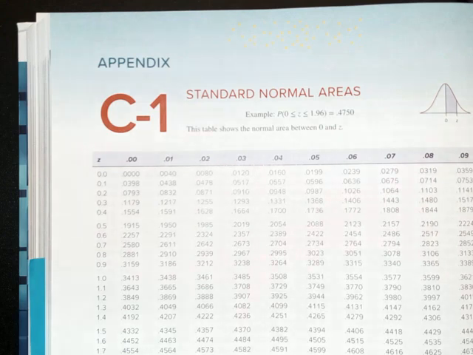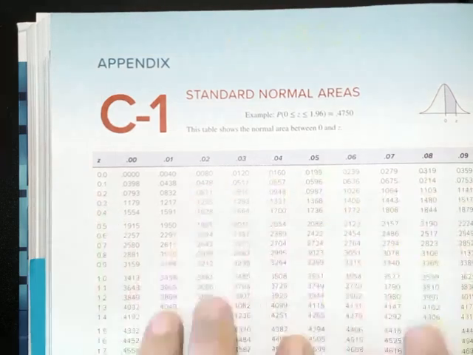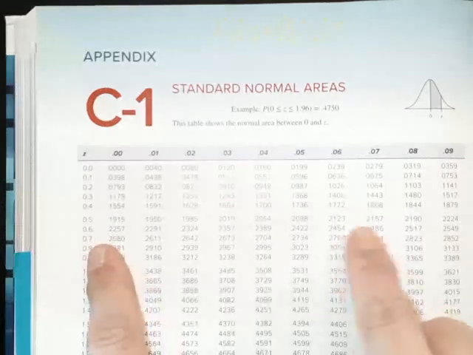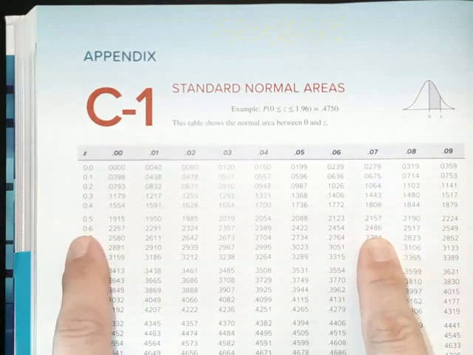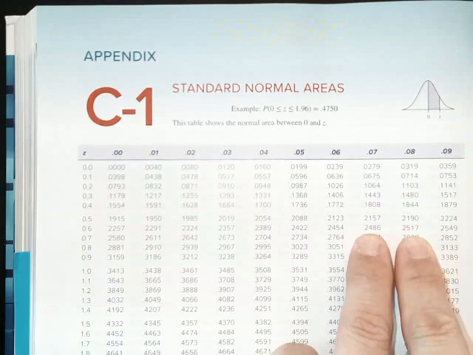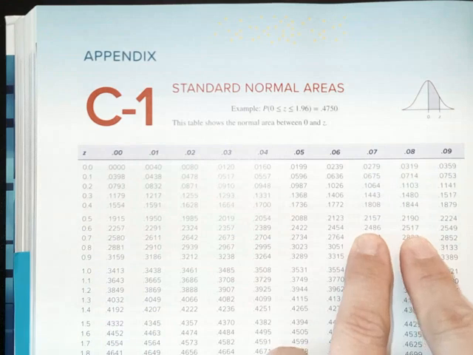Say it again. 0.0987. That is what I get when I put in 0.25. I want the number in here that's closest to 0.25, and then I need to figure out what the Z is. Nick? Aha, 0.67 gives me 0.2486. 0.68 gives me 0.2517. So it should be in the middle between those two, right? We can use 0.67, we can use 0.68, or we could split the difference and say 0.675.